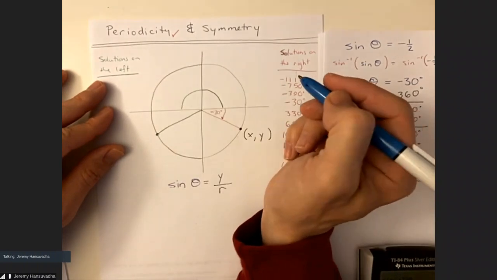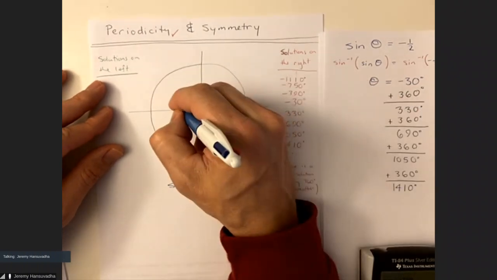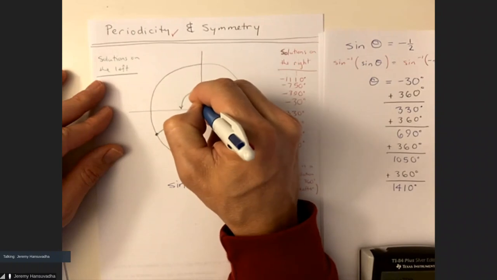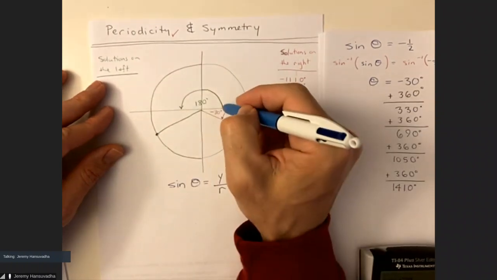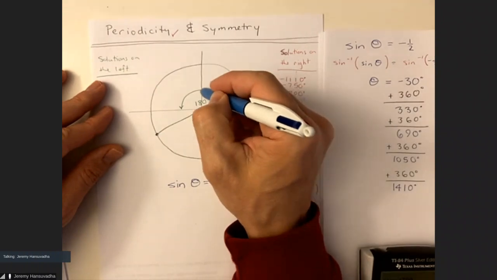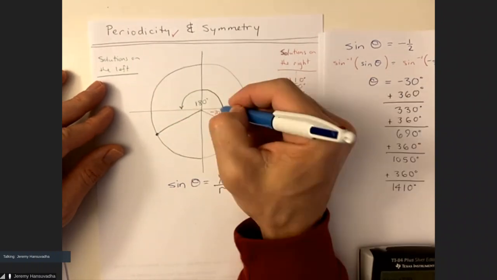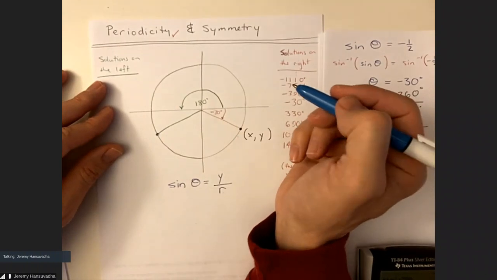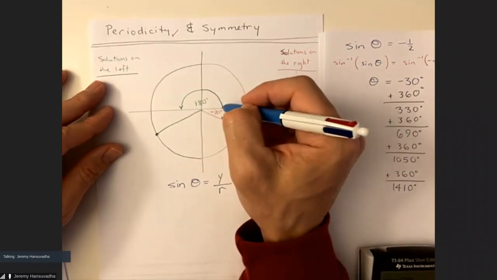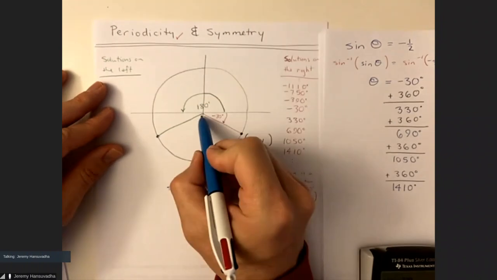That is 180 degrees of rotation. So I'm going to write 180 degrees of rotation from 0, 90, 180. And notice we're going in a positive direction here. Counterclockwise is positive.